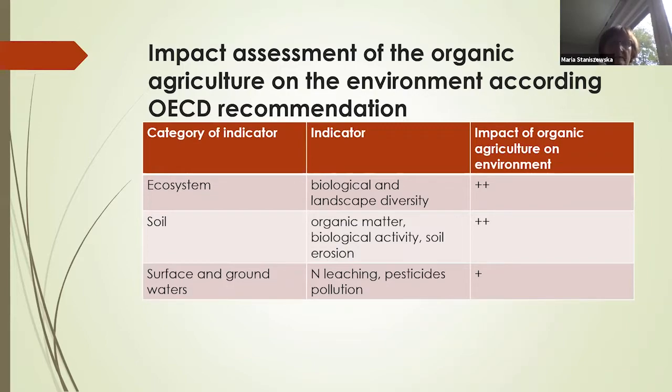And also in the impact assessment of organic agriculture on the environment, we see that in the areas of biological and landscape diversity, organic matter, phosphorus leaching, and pesticide pollution, we have very positive results.